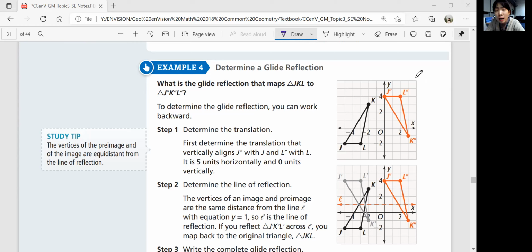Okay, it needs to be glide reflection. It can't just be any reflection and then a translation, okay? So it needs to have a line of reflection that can give you a glide reflection that you could just slide down over the direction parallel to your line of reflection, okay?